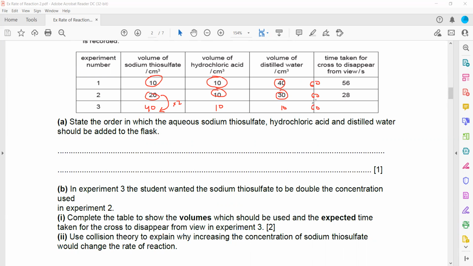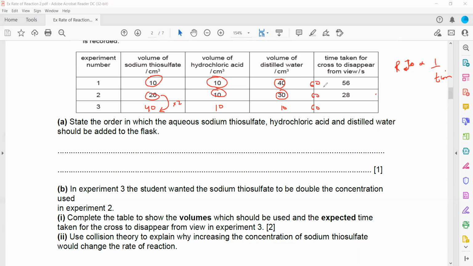Then use the collision theory. We have to complete to show the volume and expected time. What could be the expected time? If you are using more volume, it means greater concentration. If we double the concentration, the rate of the reaction will also be double. We know rate and time are inversely proportional. When we were using 20 cm cube of thiosulfate, the cross disappeared in 28 seconds.